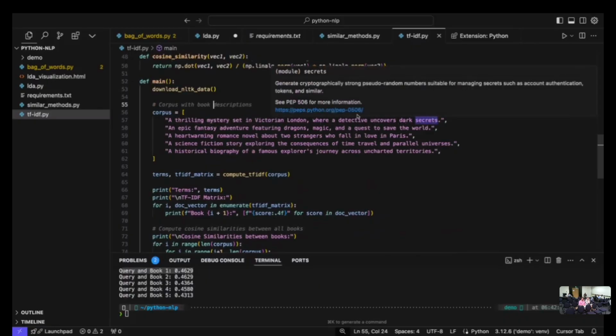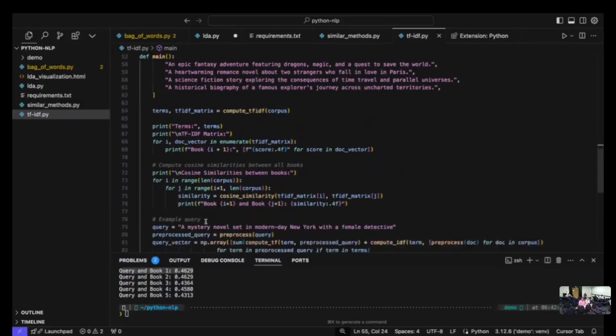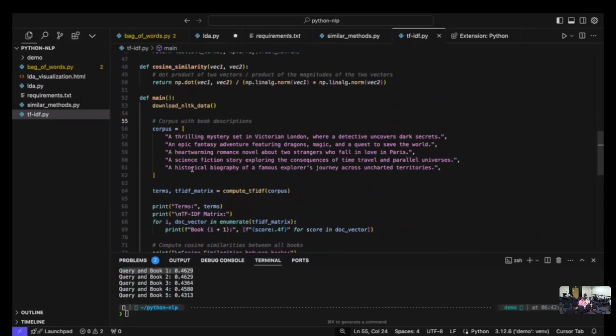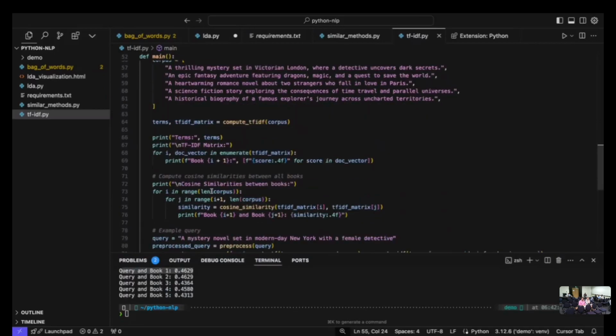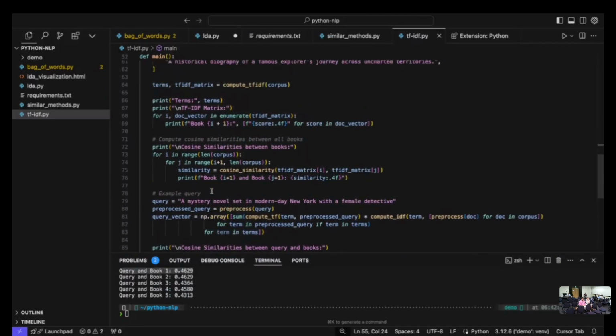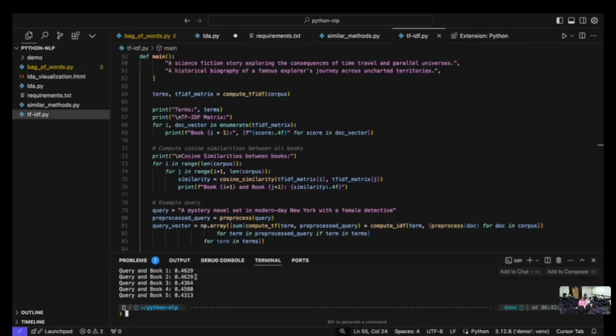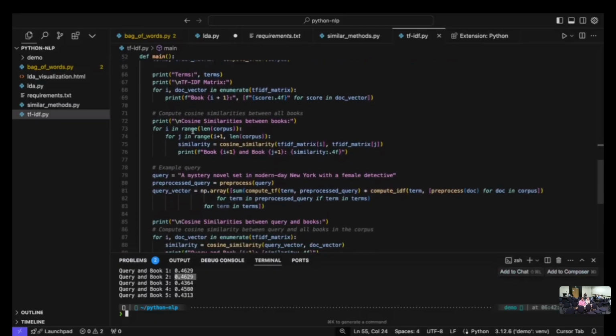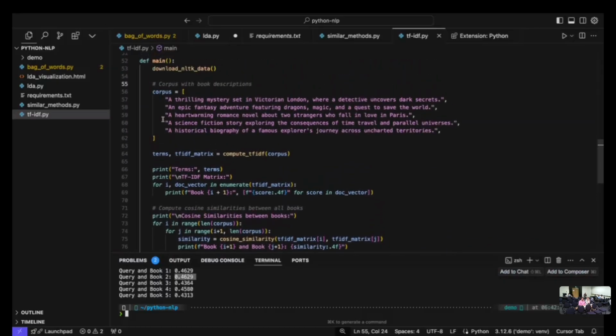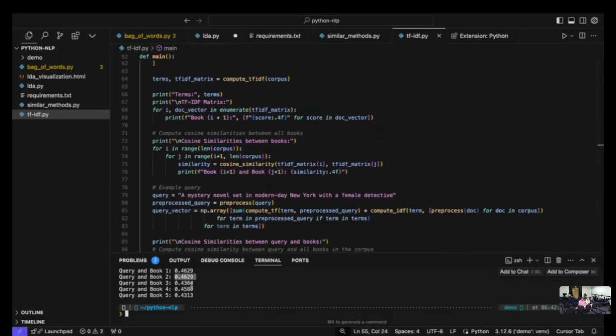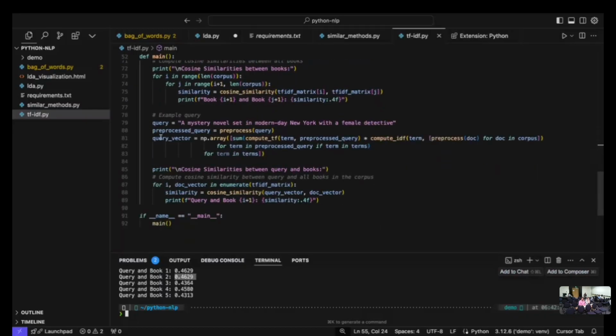So in this case, we see that semantically, book one is much more similar to the query. Similarly, book two is also being matched, and for other books the score is a bit lower. So this is the TF-IDF along with the cosine similarity.